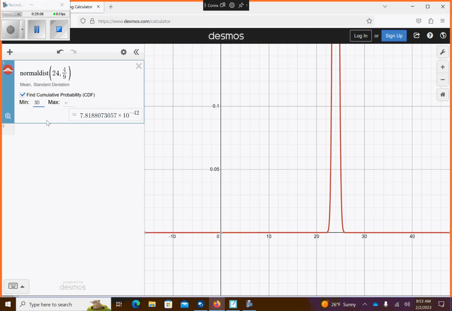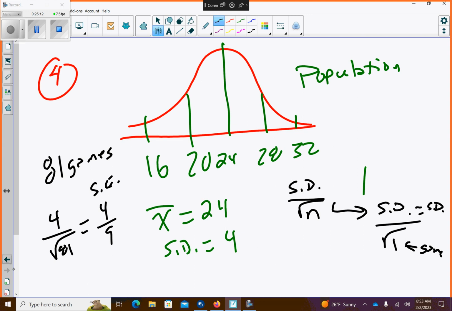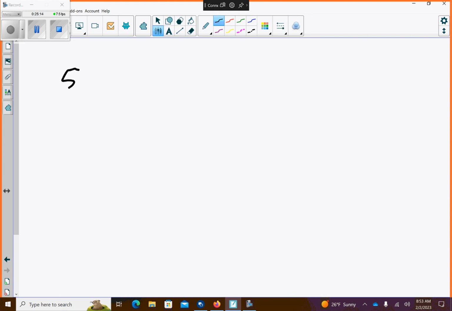Okay. Number 5 says a psychological evaluation. We like psych in this class, I guess. Psychological evaluation is performed on memory retention. Memory retention scores are normally distributed with a mean of 200 and a standard deviation of 40. Okay?